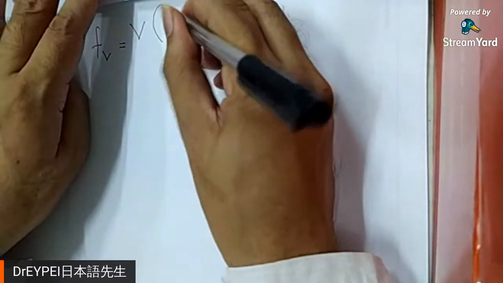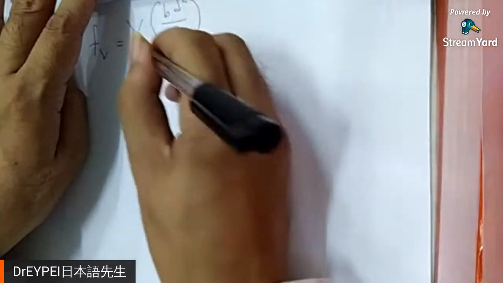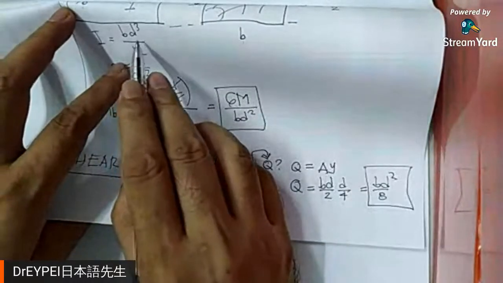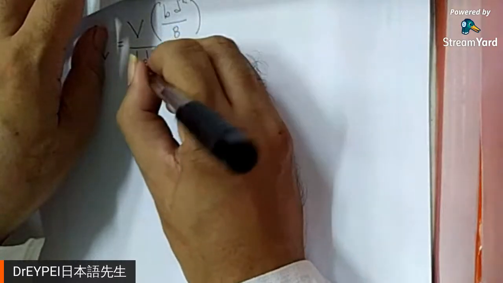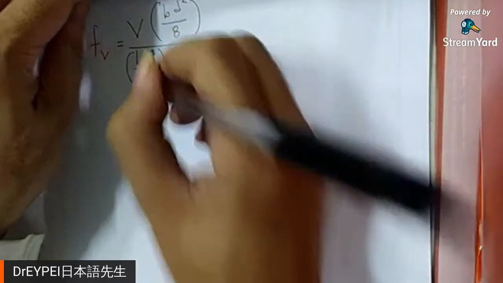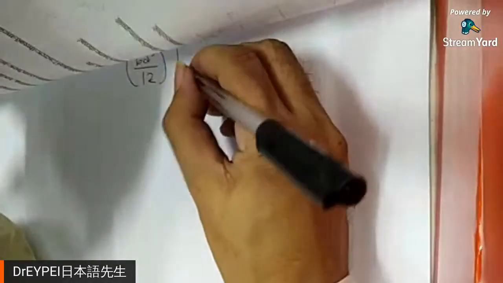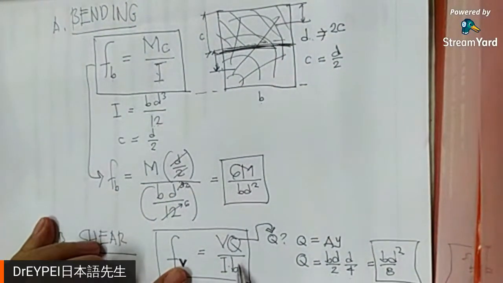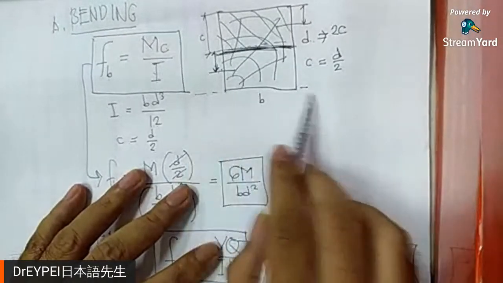Substitute BD squared over 8. I is BD cube over 12. And the B, we have B here. You know that B is the width of the timber.